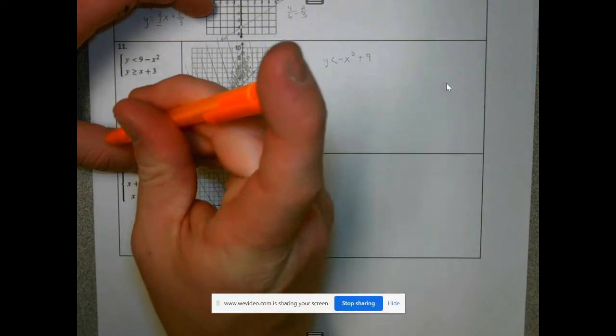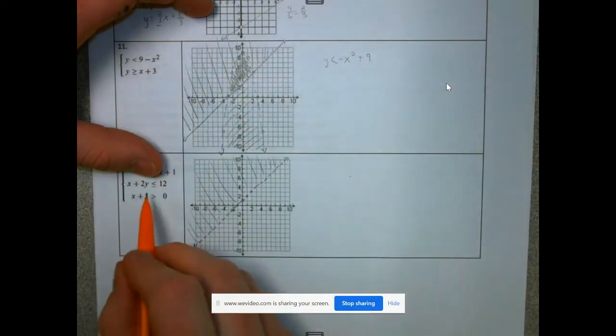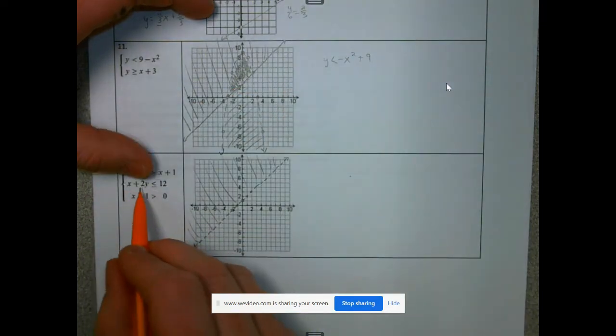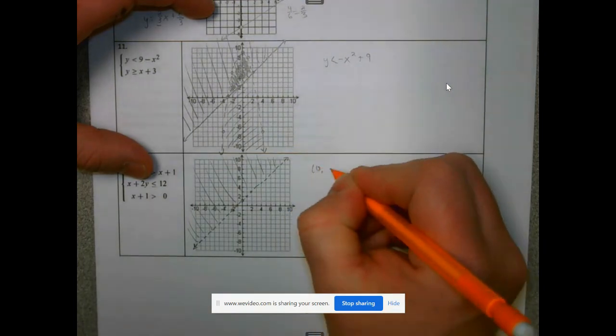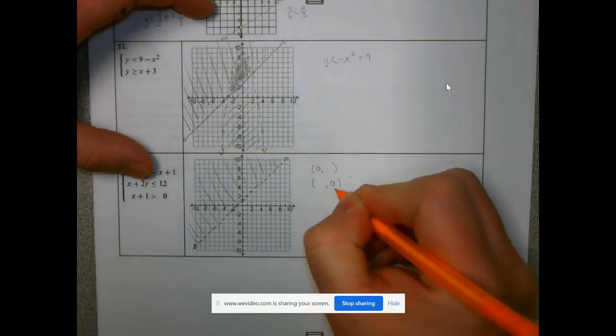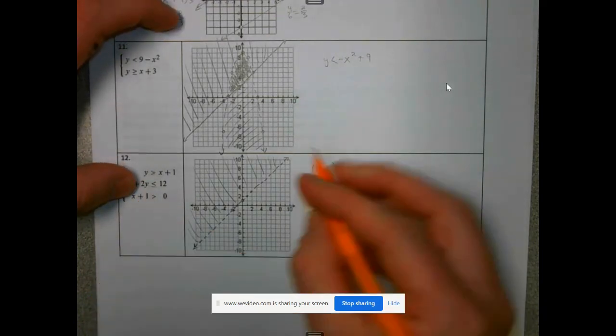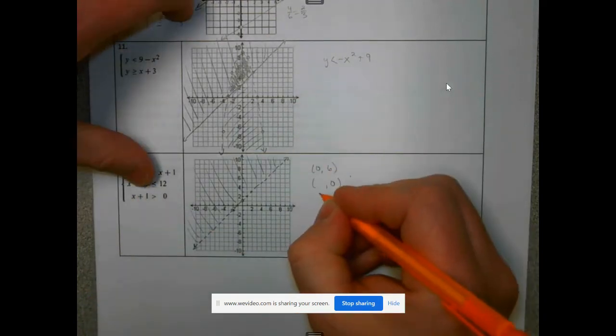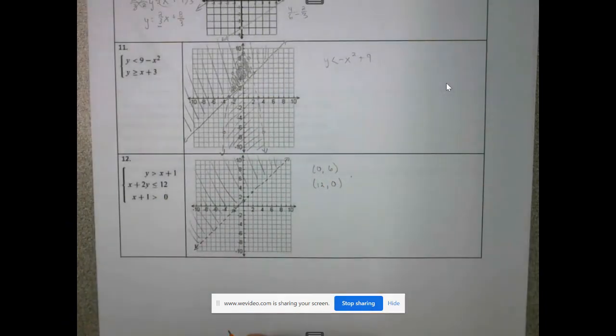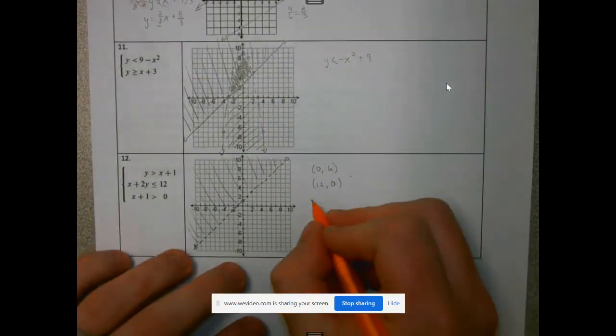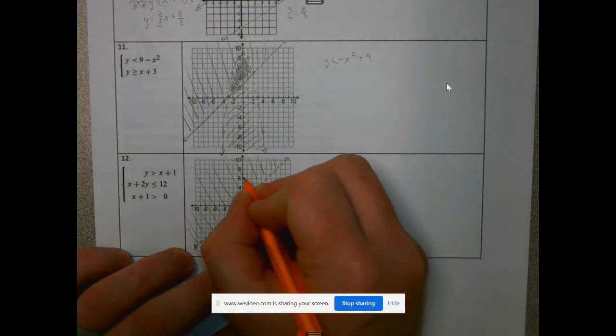Okay, this one, it's a solid line. We can do intercepts there. So I want 0, comma, number, and a number, comma, 0. Okay, so if x is 0, you get 6. And if y is 0, you get 12. Well, 12's not really on there, but 0, 6 is.